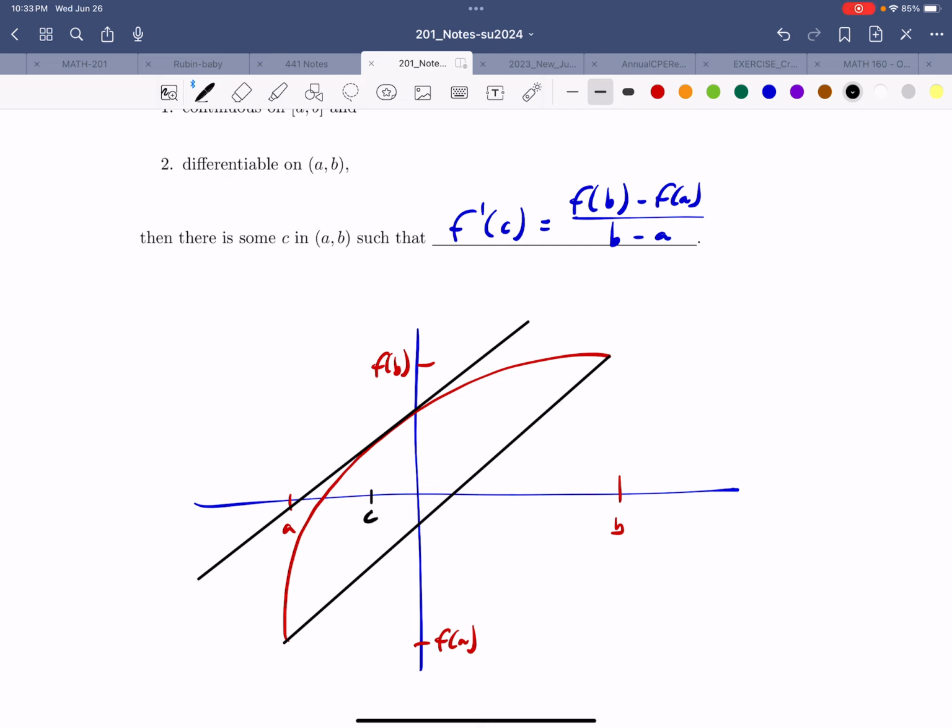And so f prime of c equals the slope of our secant line. So that's what we've got.